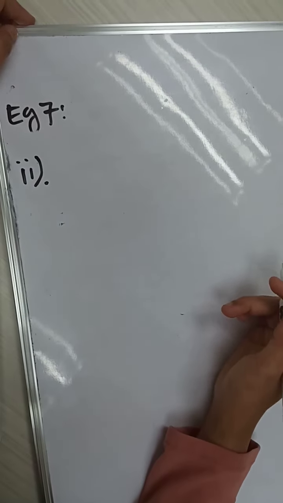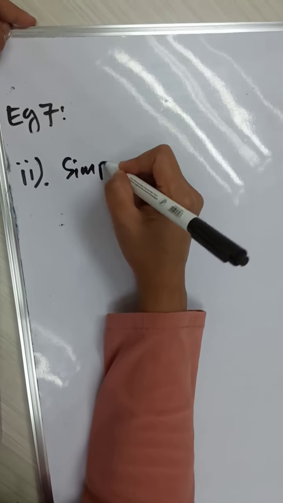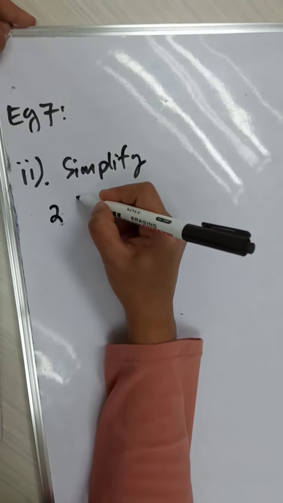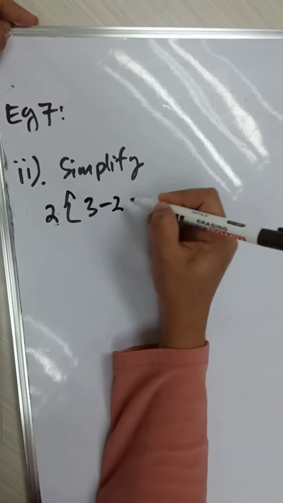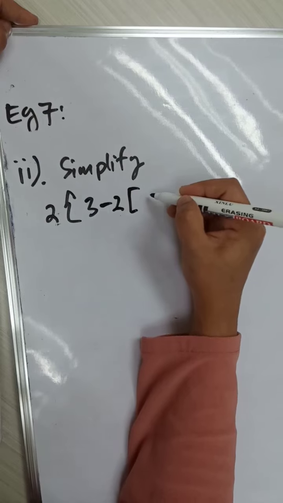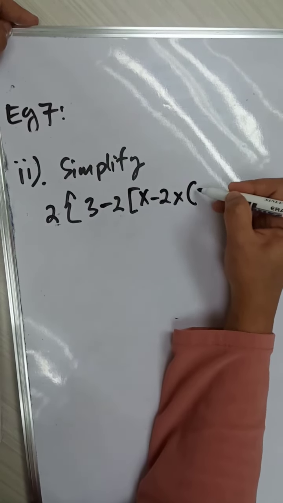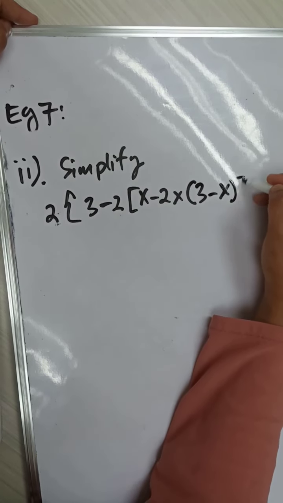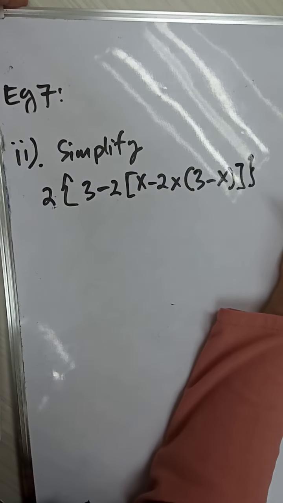Okay, this is our last example. Simplify 2 [3 minus 2 square bracket x minus 2x open 3 minus x. This is the question.